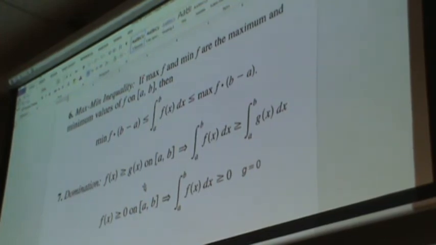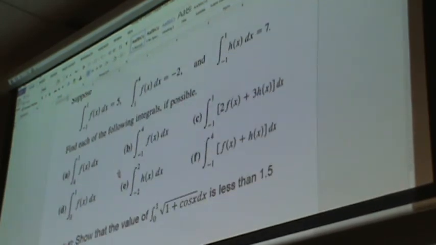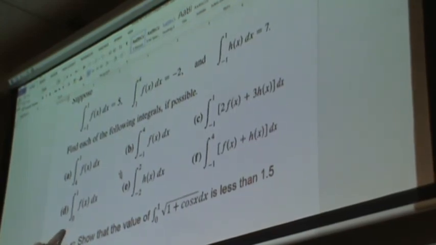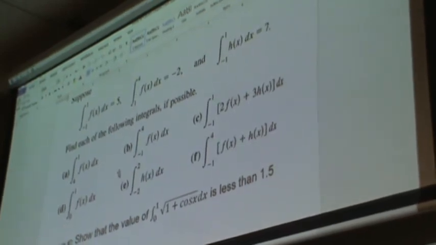No, sir. Yes, Leilani? For the first example, how did you get part D? How did you know it's not possible? Part D, the problem is they tell me the integral from -1 to 1 is 5, but in no way can I infer what the integral from 0 to 1 would be from that information.